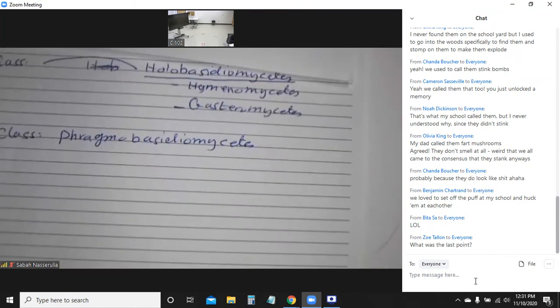The example we can see of this fungi is commonly known, as a matter of fact, as the ear fungi.